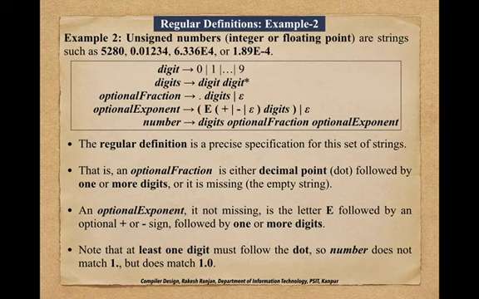So number can be defined by first digits, then optional fraction, and then optional exponent. The regular definition is a precise definition of this set of strings. Optional fraction is either a decimal point followed by one or more digits, or it is missing. Similarly for the plus symbol. Note that at least one digit must follow the dot, so number does match 1, and it does not match 1.